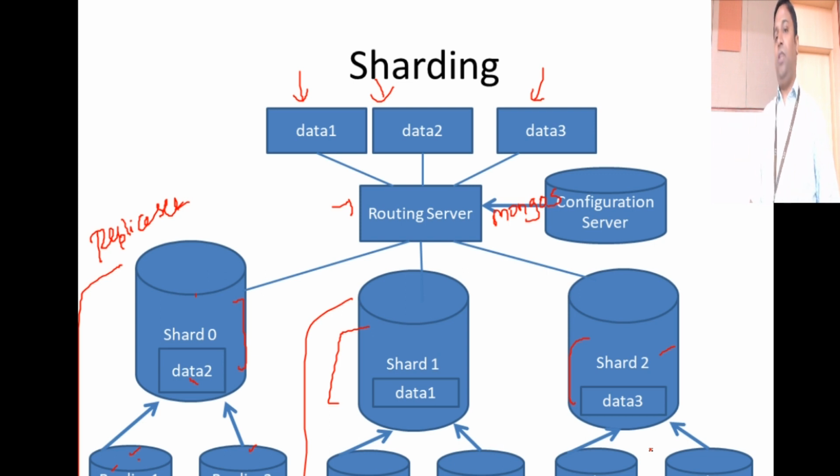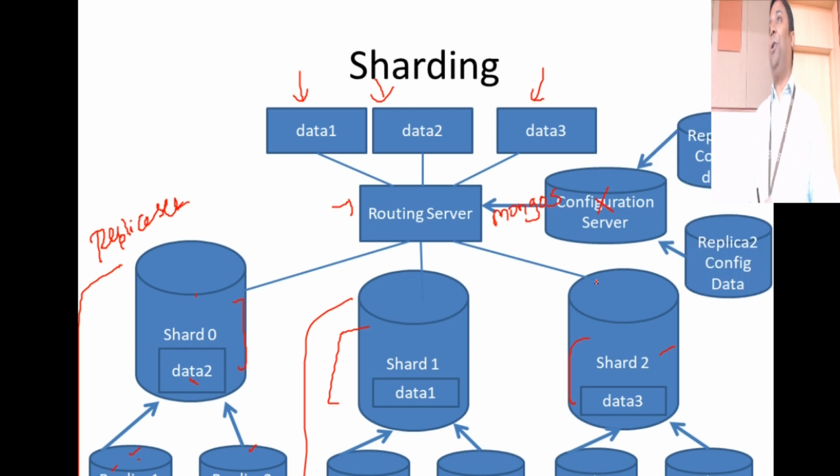Now the question comes, if the configuration server is again a MongoDB instance and it goes down, your entire cluster goes down. So they have a replica set for the configuration server too. No matter what you do, it will not fail, will always be up. That's why it becomes a very complex architecture.